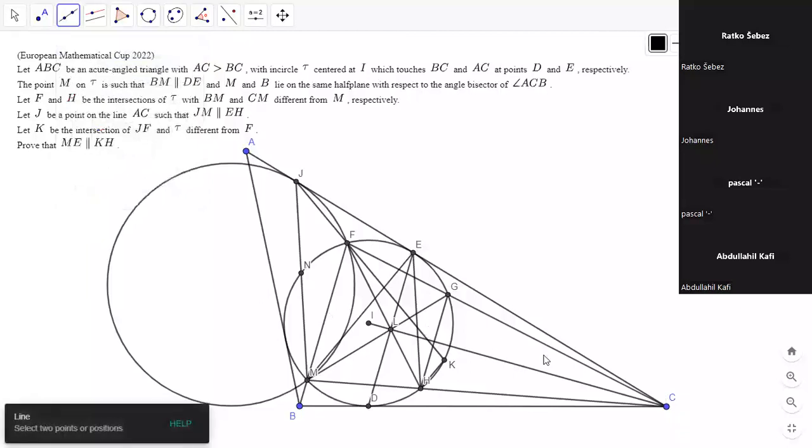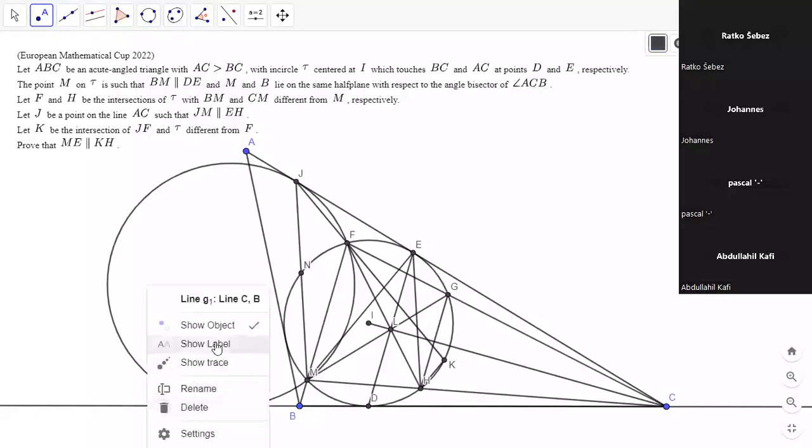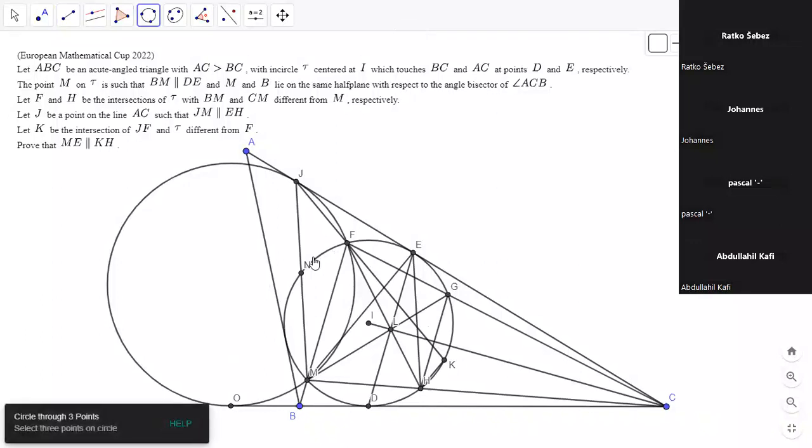Okay. So maybe we could somehow use a homothety. It's a good observation. And yeah, it's also equivalent. Well, but let's first try it that way.